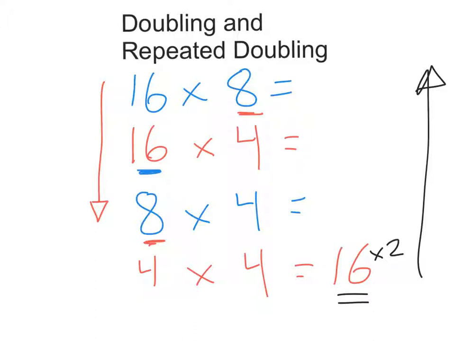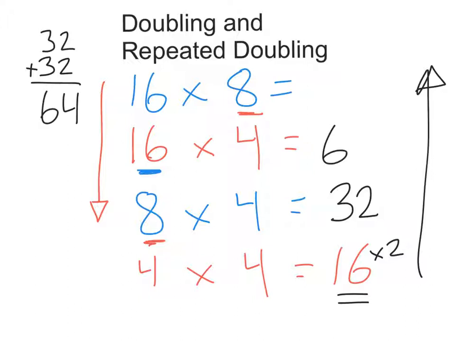So 16 times 2 is 32. 32 times 2, I'm not sure what that is, so I'm going to do some margin work. 32 plus 32 is like 32 times 2. It's 64.